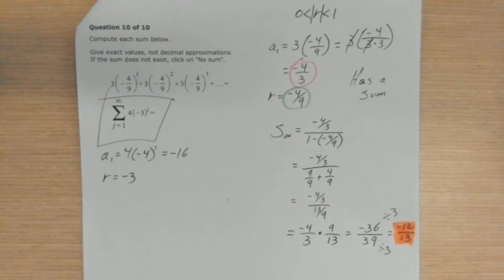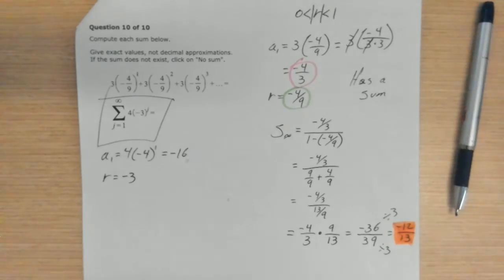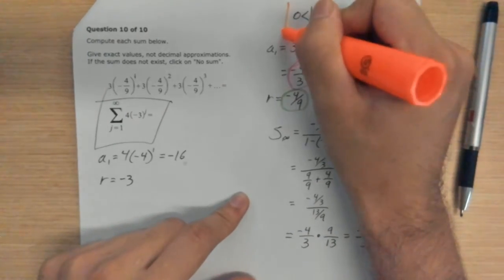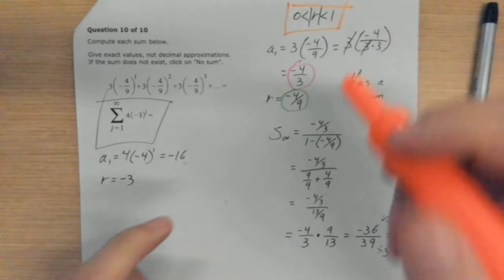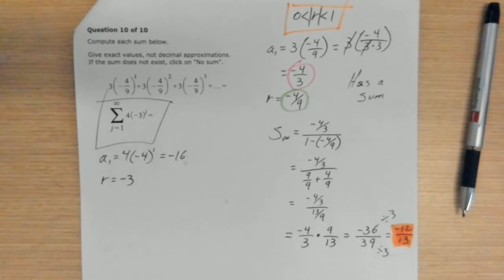Now here's the thing. We have to double check if this has a sum or not. How? The key to figure out how is up here. The common ratio has to be between 0 and 1. If it is between 0 and 1, then yes, it has a sum. If it's not between 0 and 1, then it doesn't have a sum. Is minus 3 between 0 and 1? It's not.